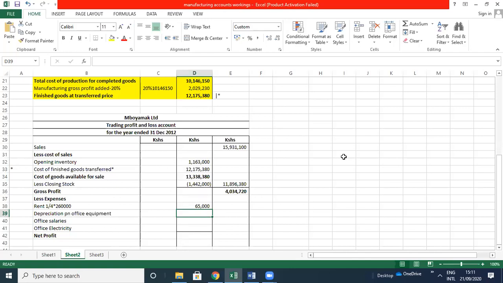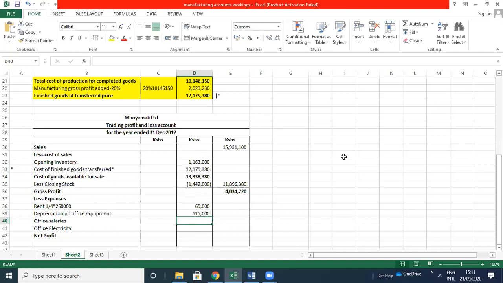What is the amount? See where we have equipment for office. That is supposed to be under depreciation. Therefore, 115,000. Good.